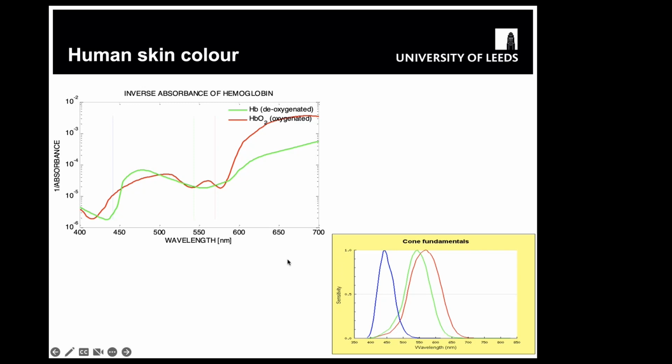To do that, the peaks of our three cones kept changing so that they could be matched to the skin colors, to hemoglobin, as much as possible, right? That's their explanation, okay? This just gives us a very interesting hypothesis: we perceive skin color more sensitively than we perceive any other color, okay?